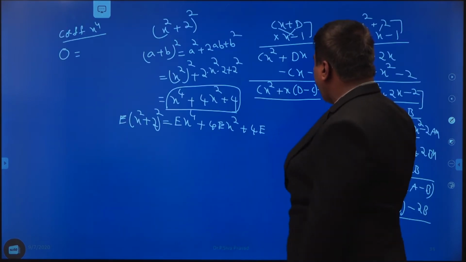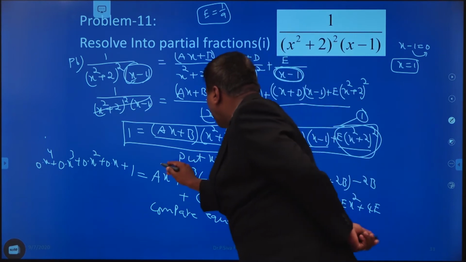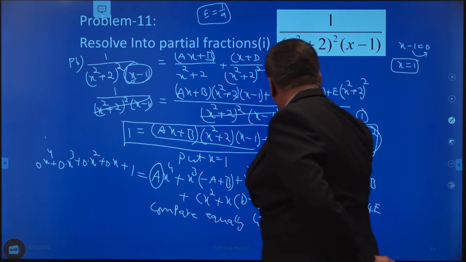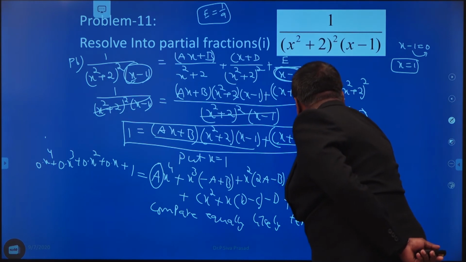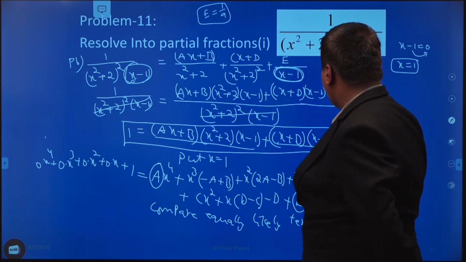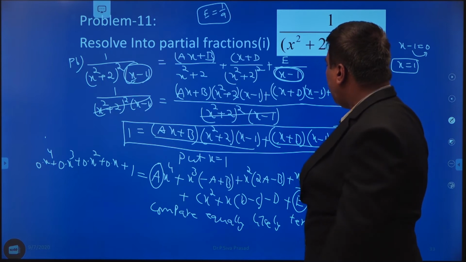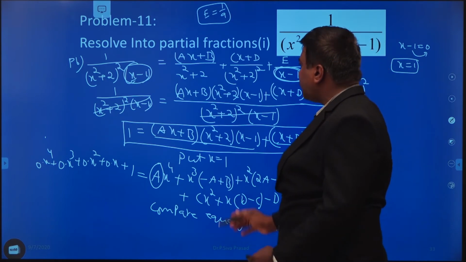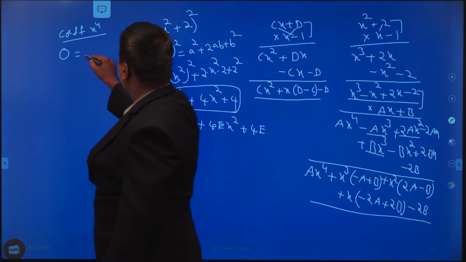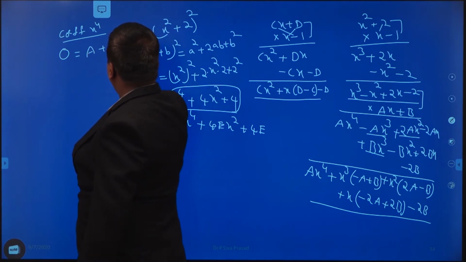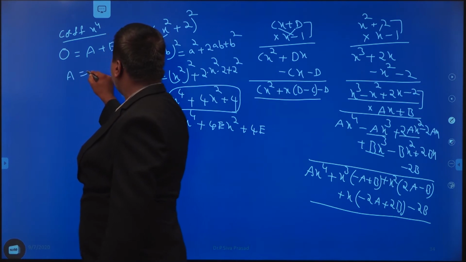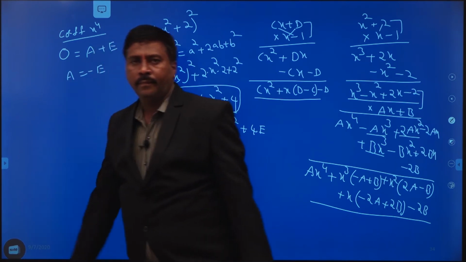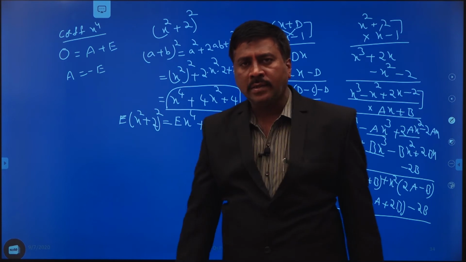Whereas in the right hand side, this is the x to the power of 4 term, and this is the x to the power of 4 coefficient. All of you catch my point? Therefore, the addition of these two terms gives a plus e equal to 0, then automatically we'll get a is equal to minus of e.